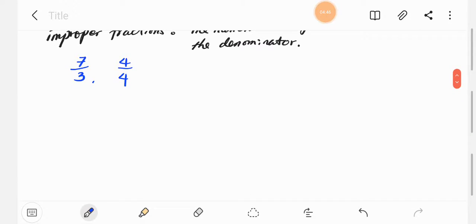Then let's consider what we mean by 7 over 3. 7 over 3 means there are 7 pieces of 1/3 part.